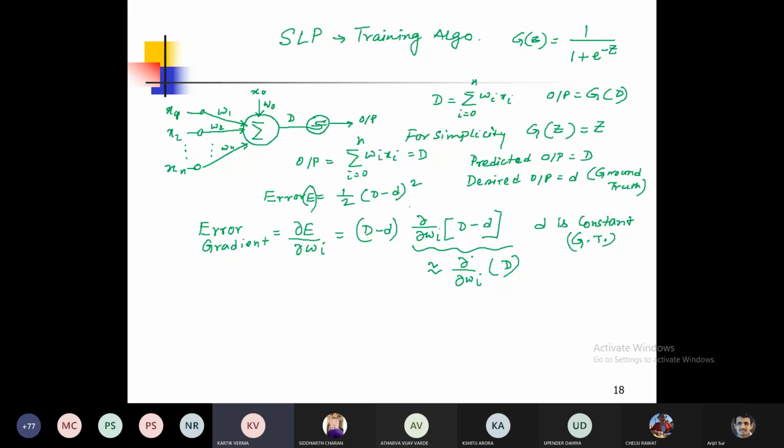Now if we calculate, this is equal to this particular thing. This is equal to d of dwi. This particular thing is d, so we put it here.